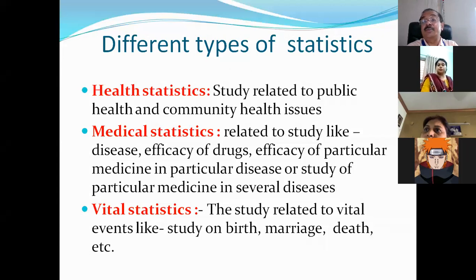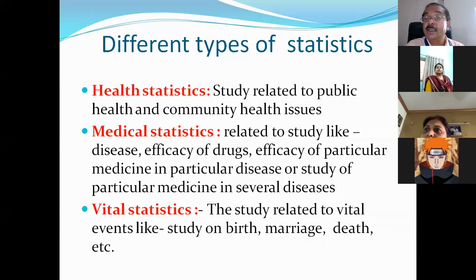So it gives information regarding how many babies are born in China in one year, or how many babies are born in one month in Australia or in London. Such a study is known as a vital study.